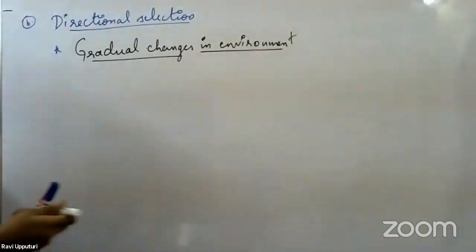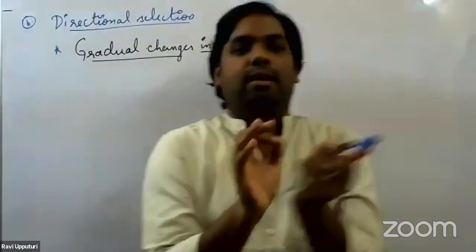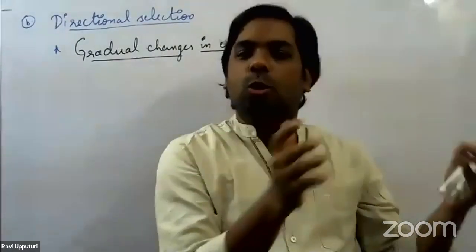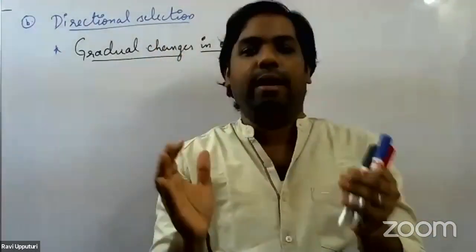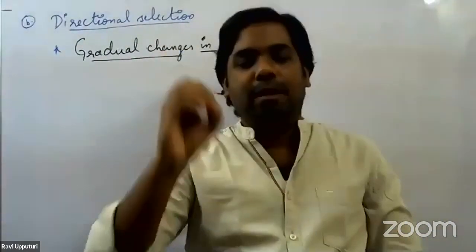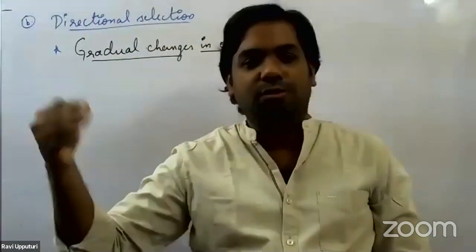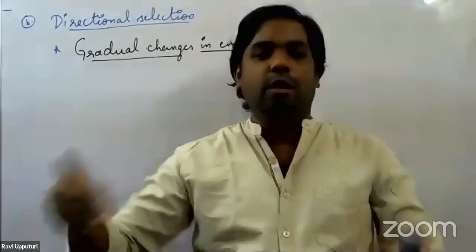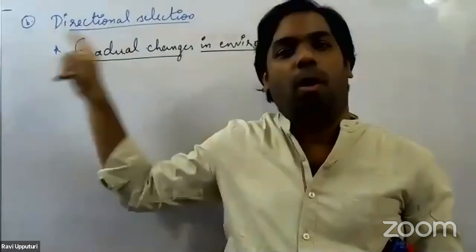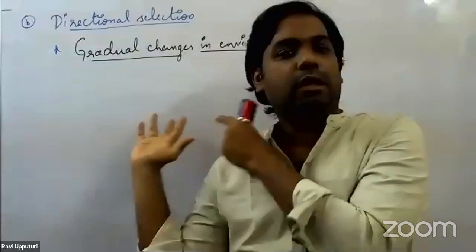Stabilizing selection would usually occur in stable environmental conditions where no changes are happening. But in environmental conditions where there are gradual changes, slowly some sort of changes are seen in the environment, in those conditions we have this type of selection operating, which is called directional selection.